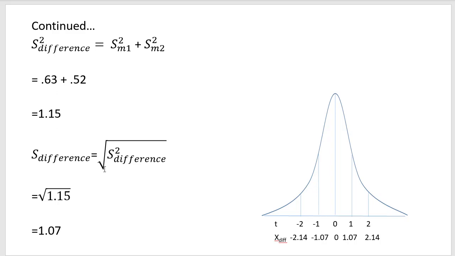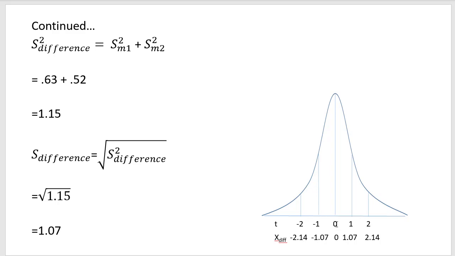And if we take the square root of that, we get the total amount of standard deviation between the differences between the two groups. Because remember, we're still comparing two groups and we're trying to figure out how much variance is between their differences. And we get an overall standard deviation of the difference between the groups of 1.07. Which means that our new comparison distribution looks like this.